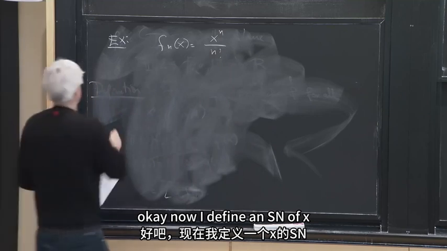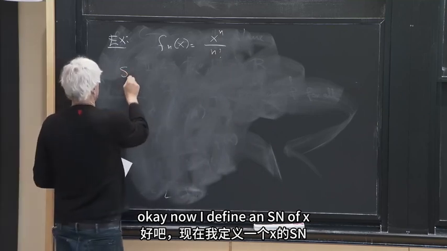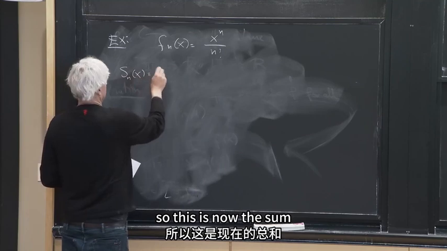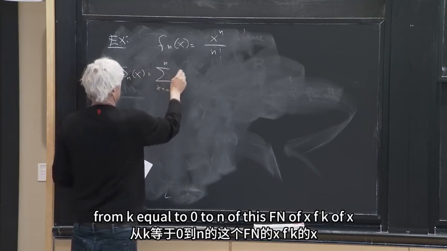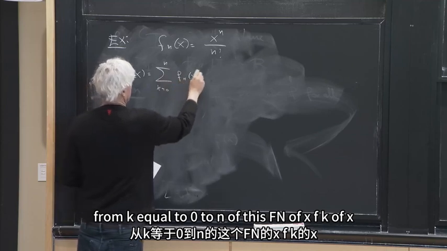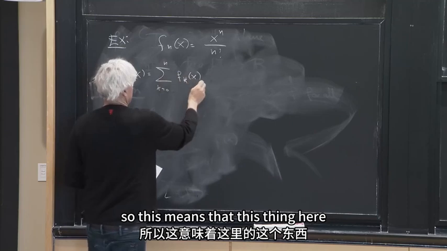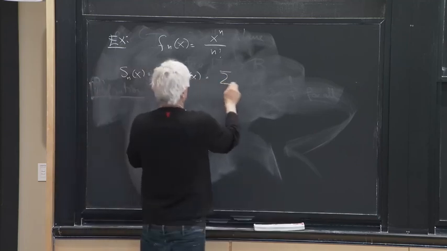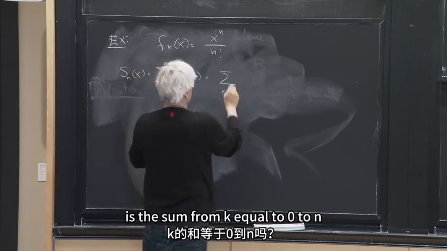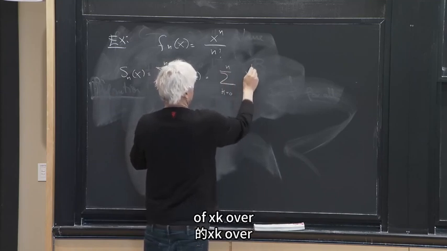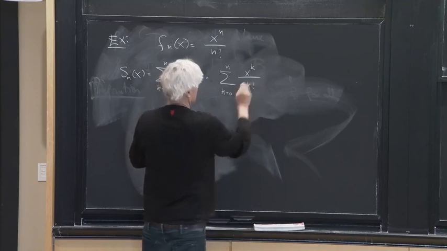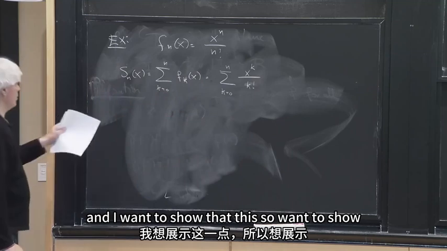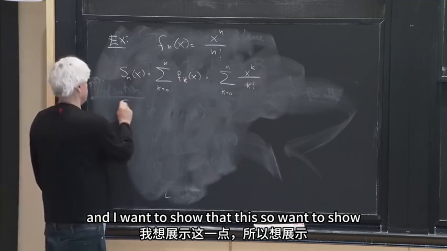Now I define Sn of x as the sum from k equal to 0 to n of fk of x, so this is the sum of x^k over k factorial.